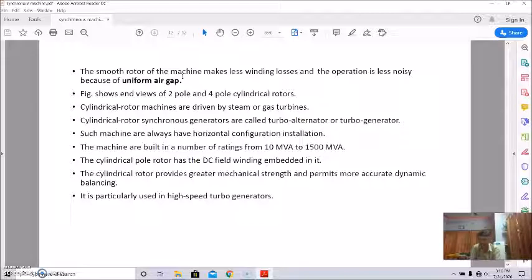Output can be taken out freely and easily without any slip rings and brushes. The rotating field is supplied with direct current, usually at field voltages between 100 to 500 volts. Only 2 slip rings are required to provide direct current for the rotating field, while at least 3 slip rings would be required for a rotating armature.